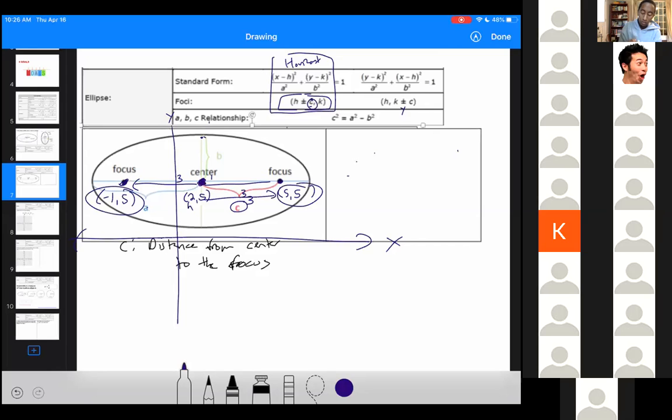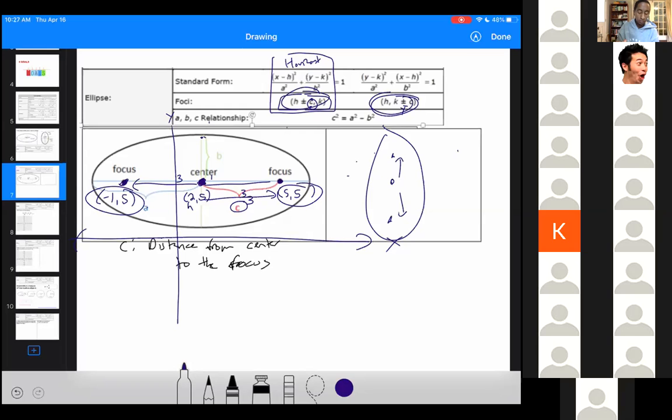And then over here, you would go left. For a vertical, your foci would be up here and your center would be up here, so you would be adding and subtracting to the y value. So that's all this is showing you. I don't usually refer to this because I usually just draw the graph to get a visual of it. But just so you know what that's talking about there.